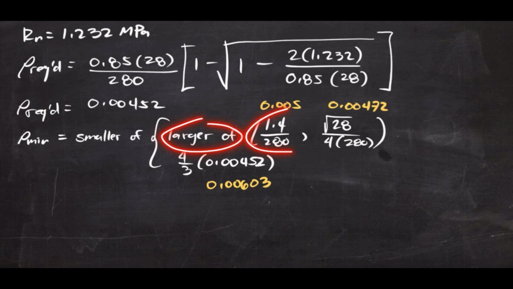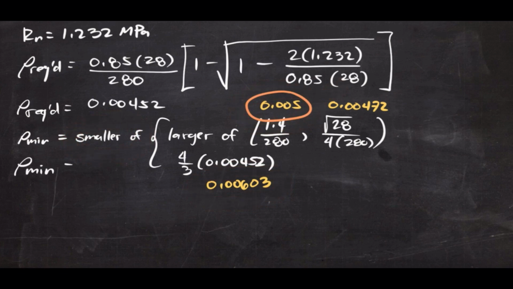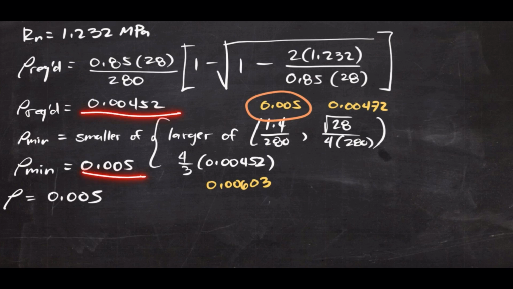So the larger of these two values is obviously 0.005. And the smaller of 0.005 and 0.00603 is 0.005. So we know that the minimum required steel ratio is 0.005, and we will use rho equals 0.005 because this is the larger between these two.